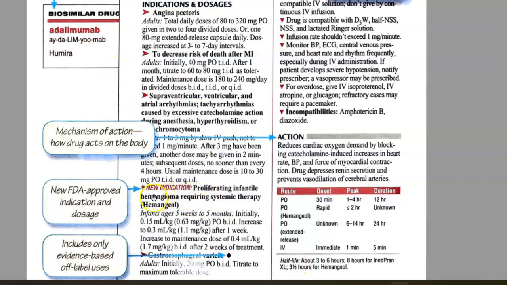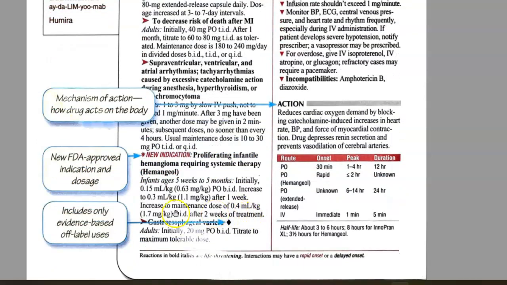Now, if there's any new FDA-approved indication, it will also indicate it there, just like for this one: new FDA-approved indication and dosage. And over here, it includes only evidence-based off-label uses.